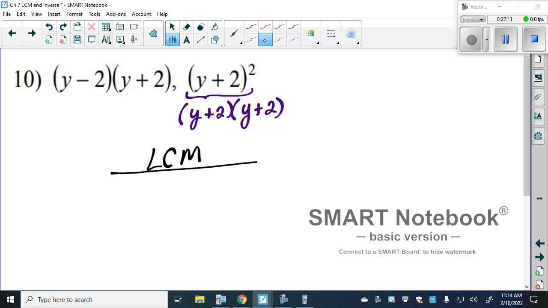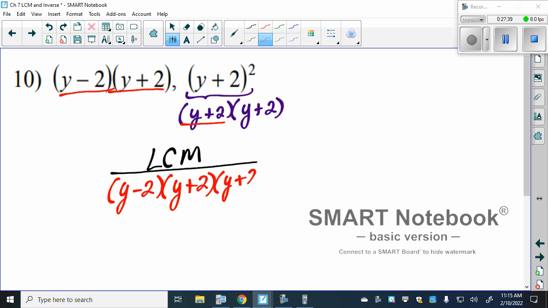So what is one thing that we know that we need? We need a y minus 2. Because the first one does have a y minus 2, yes? What else do we need? A y plus 2. Because the y plus 2 is here, and we do satisfy this here because we do have 1. Do we need anything else? We need another y plus 2.